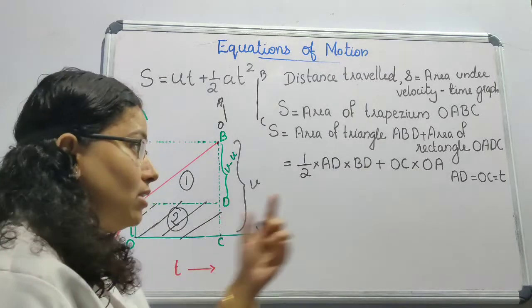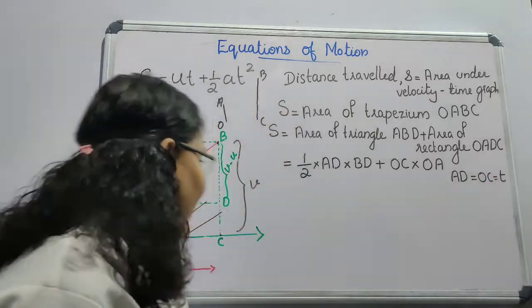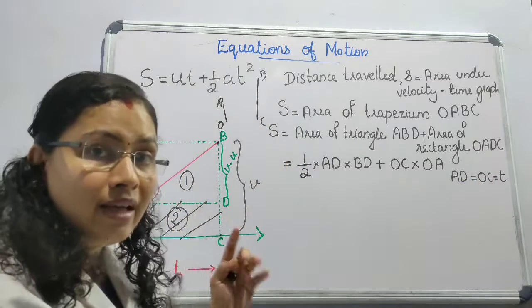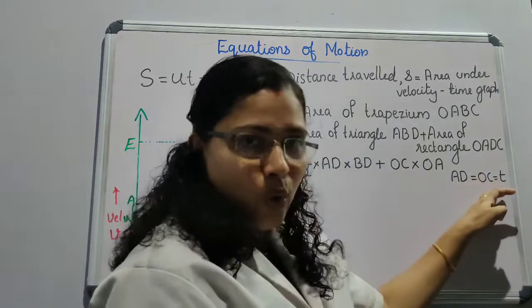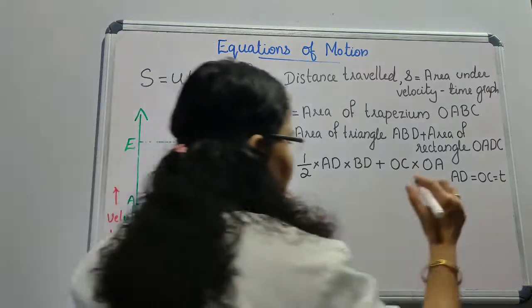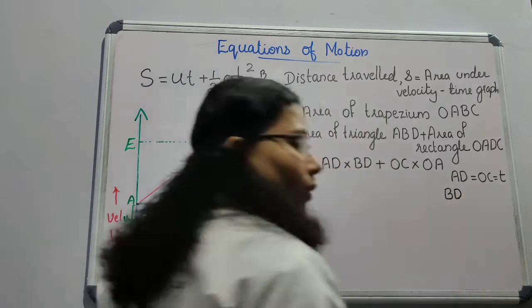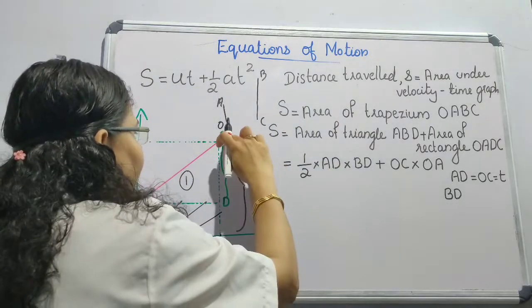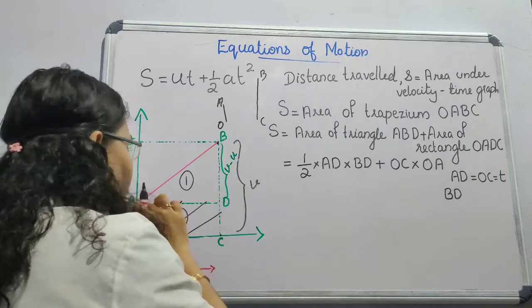And BD we also found in the last equation: BD is equal to BC minus OA.